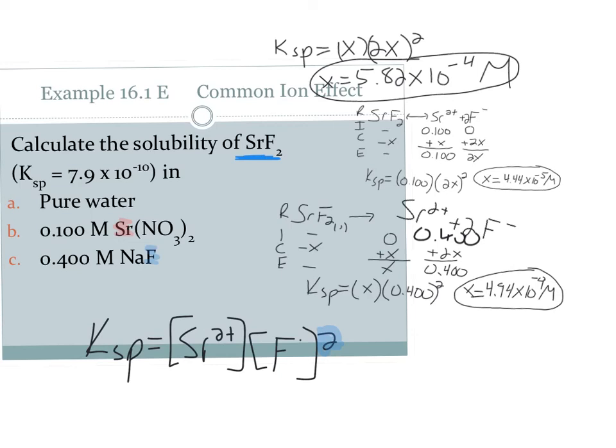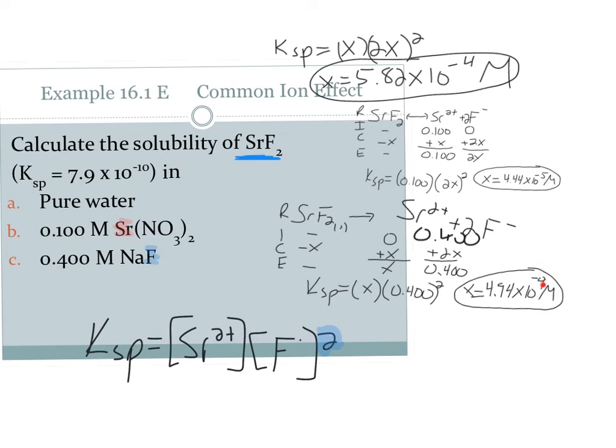So we see here, not only can we calculate the solubility with different common ions, but we can see which common ions have a bigger effect on the solubility. Normal strontium fluoride is 10 to the negative fourth. A strontium ion lowers it by a factor of 10, but the fluoride common ion lowers it by a factor of 1,000 or 10,000 from the original.